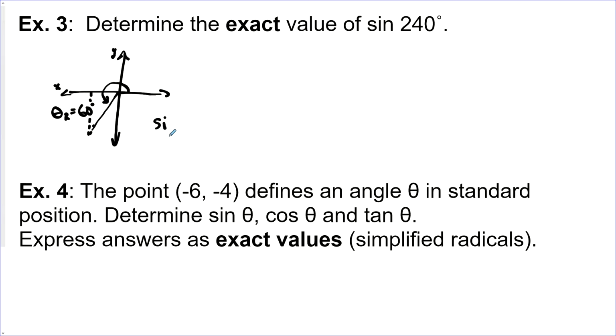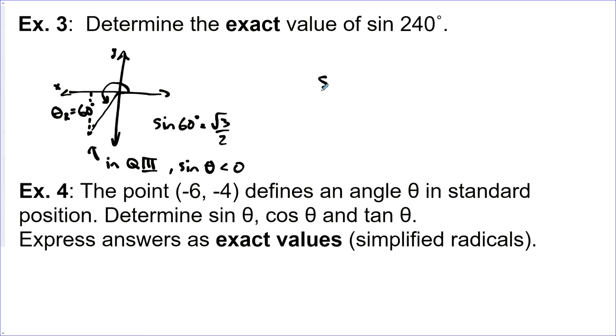And then we can say, hey, what is sine 60 degrees? And sine 60 degrees from our special triangle or from our unit circle, whatever you're using to memorize this, is root 3 over 2. Now, since this real angle of 240 degrees is in quadrant 3, sine is negative.